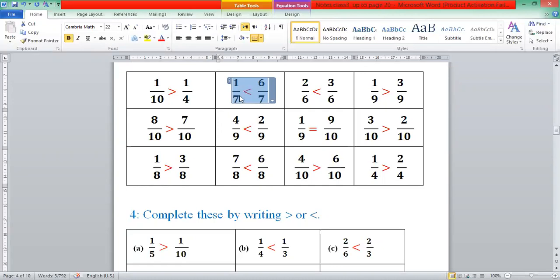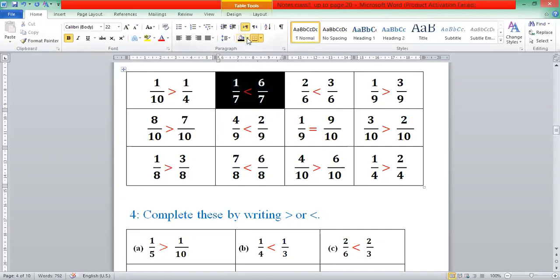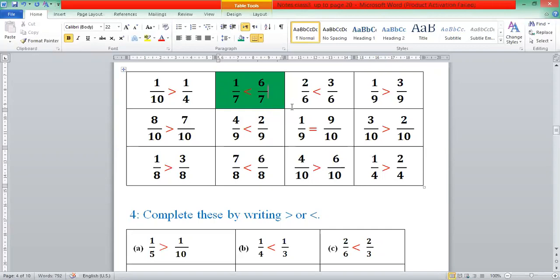So here 1 over 7 is less than 6 over 7. So this statement is correct. Therefore, we color this box. 2 over 6 is less than 3 over 6. This is also correct. 2 over 6 is smaller, 3 over 6 is greater. So we also color this.